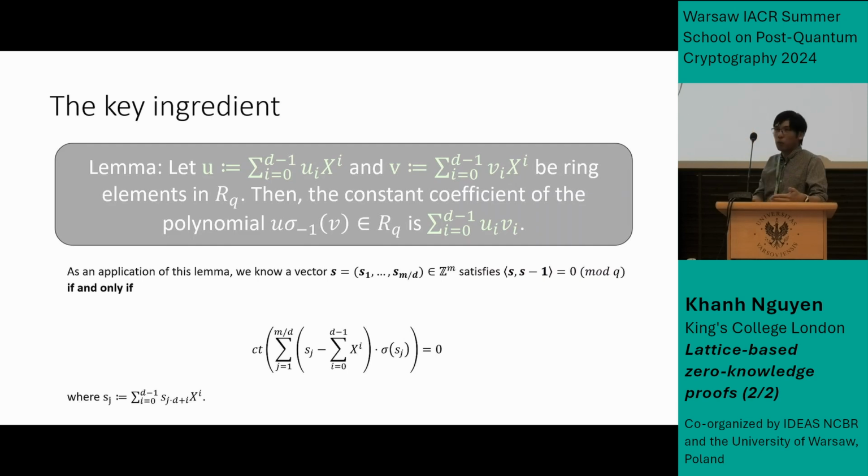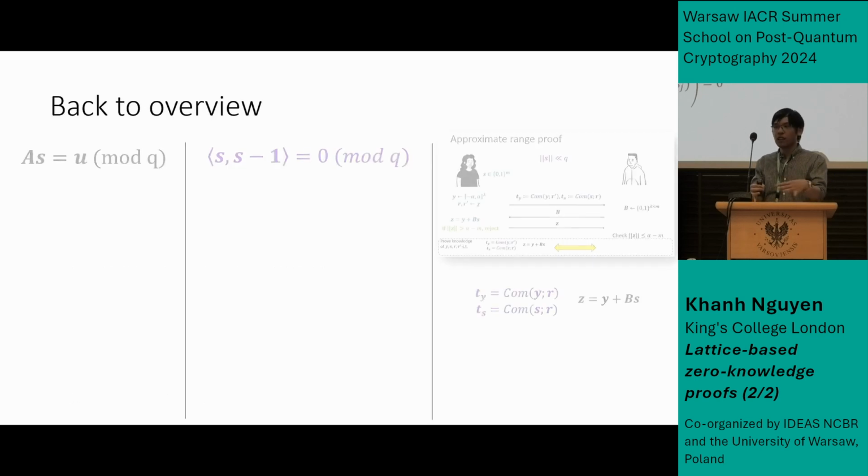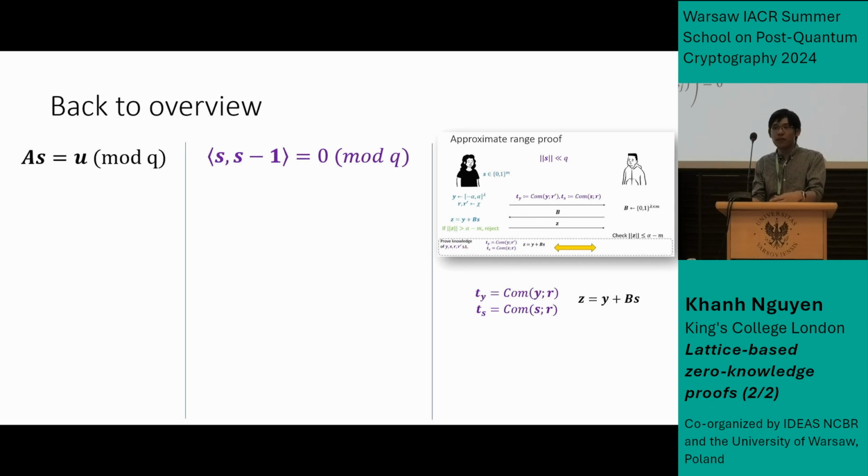Then to extend it to a vector of polynomials, I can just do it component-wise. I have s, a vector of length m, and I divide it into m over d subvectors and apply the lemma to each of them. The details are not very important, but what to keep in mind is that we know how to translate proving inner products to proving statements about ring elements over R_Q.